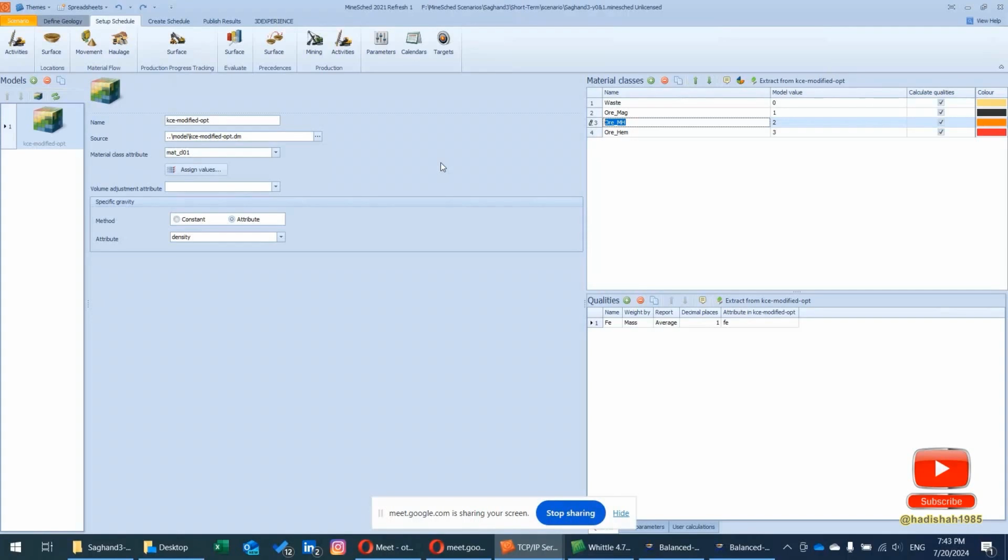The grade control block model has more detailed and more accurate data compared to the reserve or resource block model, because the data have been gathered and estimated using more boreholes or more drill hole samples.